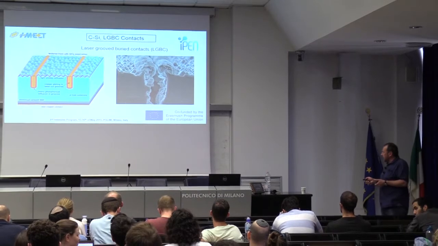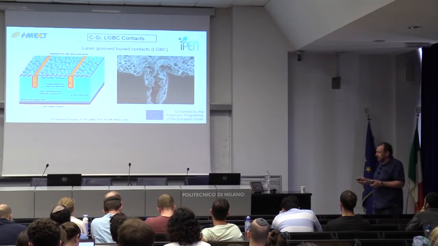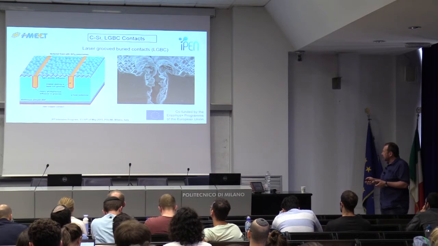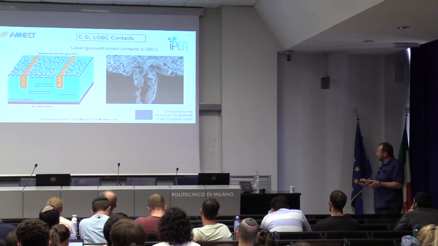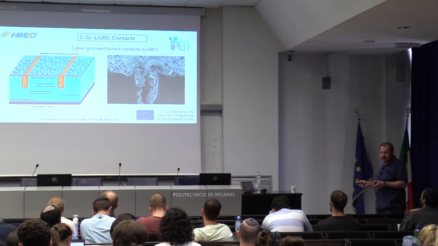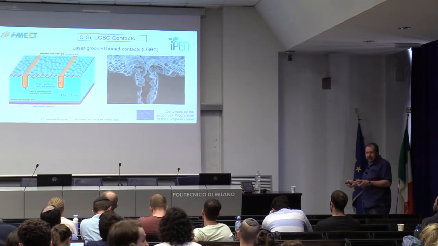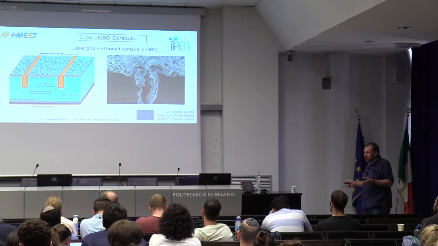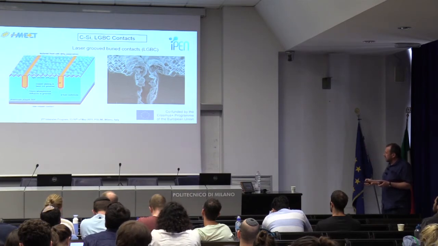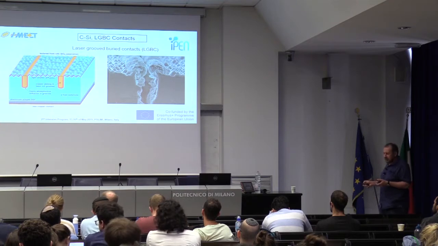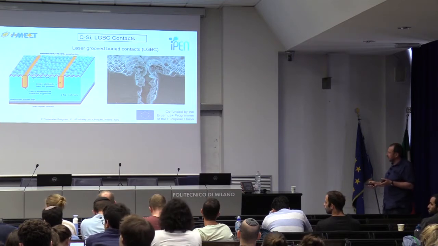Now, one more thing that is being done with lasers in silicon solar cell production is so-called laser grooved buried contacts. The idea is to reduce the shading area of the electrodes, which may take some 10% of the whole area. So this way, you can reduce the area, but you can also improve the serial resistance.